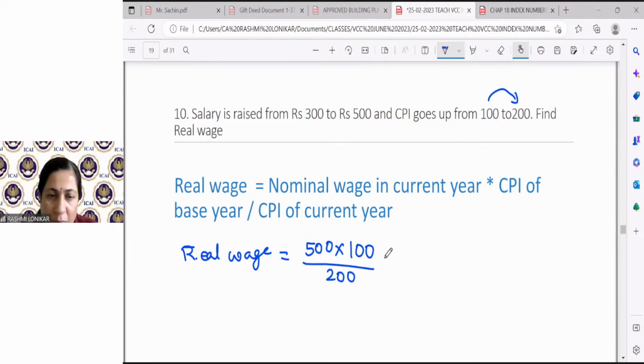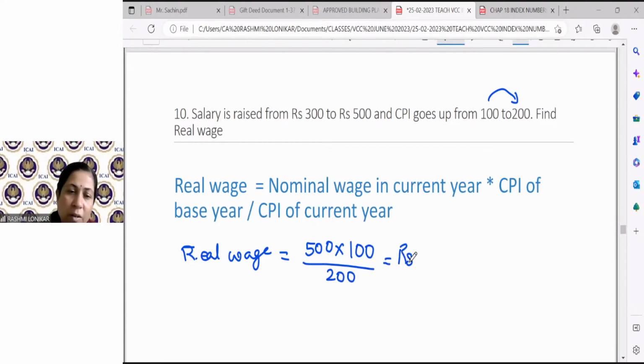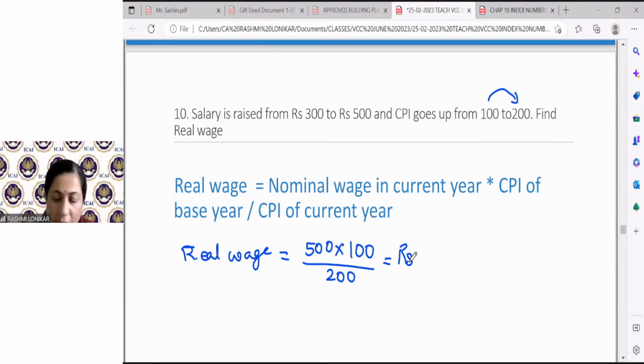So how much will this be? This will be rupees how much? 500 into 100 upon 200, 250. Okay, is 250.